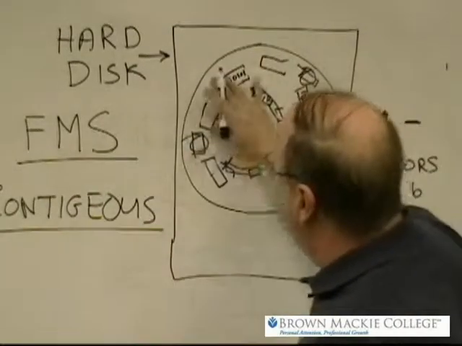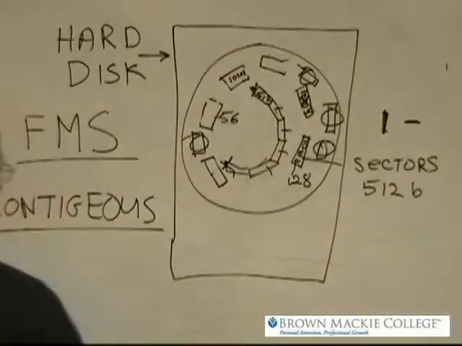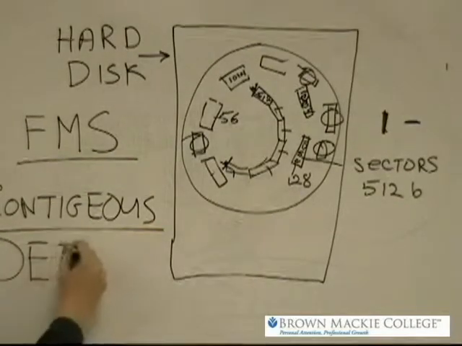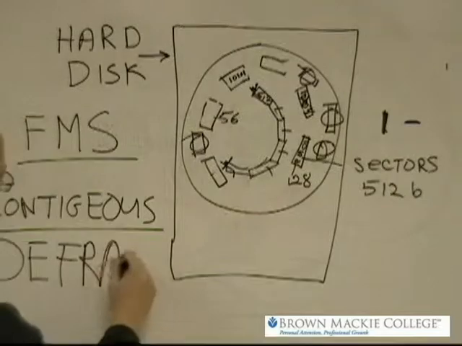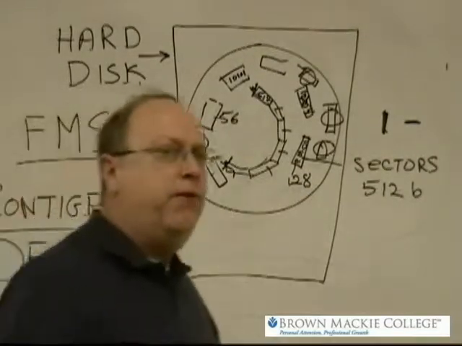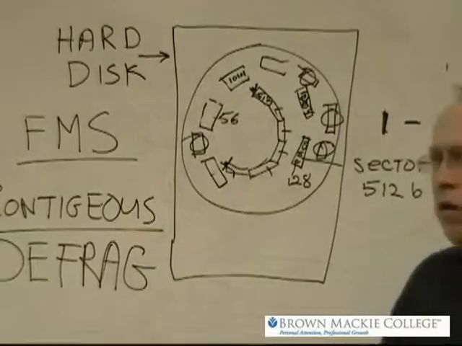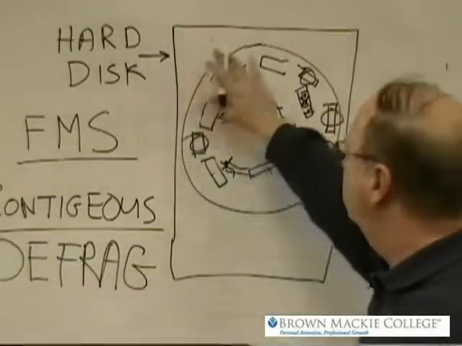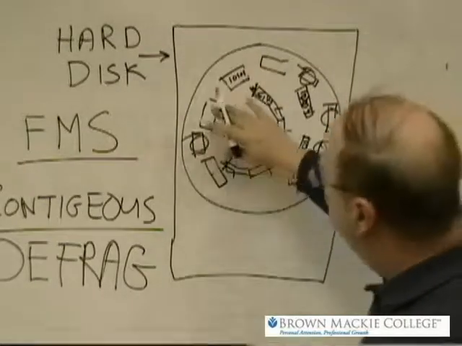How can I put these all together? And what Microsoft does, they've got a special command called defrag. And what defrag does, you start it up at night before you go to bed. Defrag your hard disk. That's where everything's messed up.